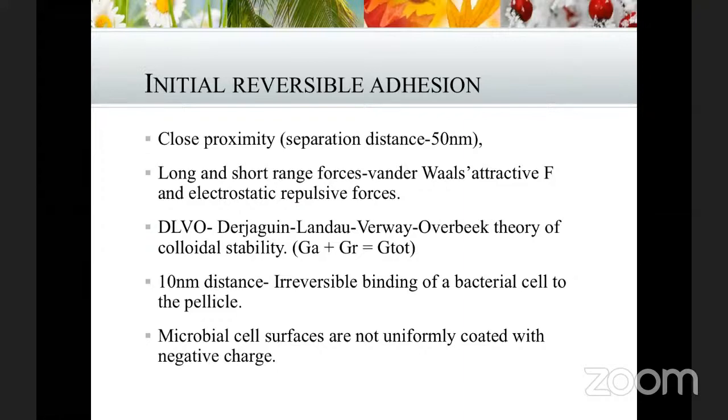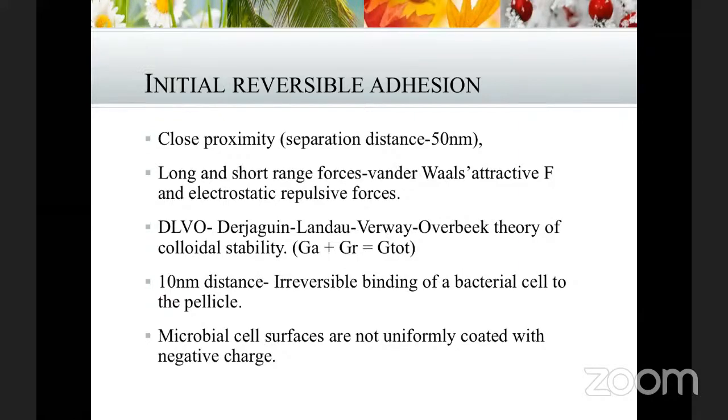But when this distance is below that, it is irreversible, and strong attachment occurs. We know that this is the initial adhesion. After this, the behavior of bacterial cells can be described by the Derjaguin, Landau, Verwey, Overbeek theory of colloidal stability.